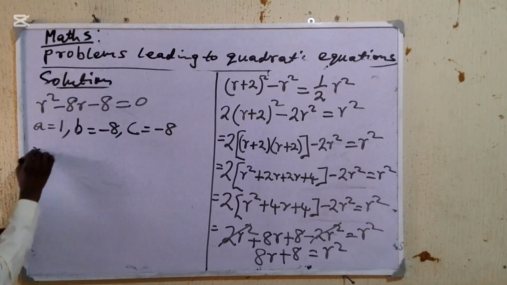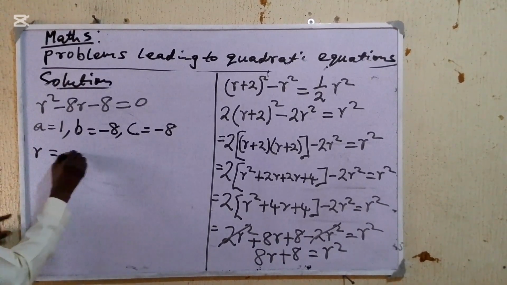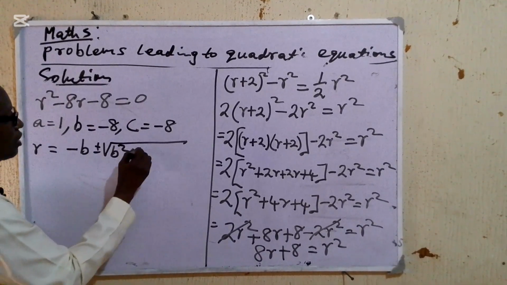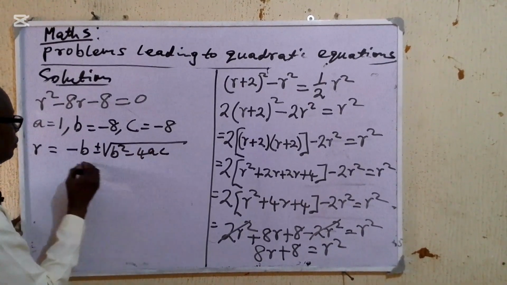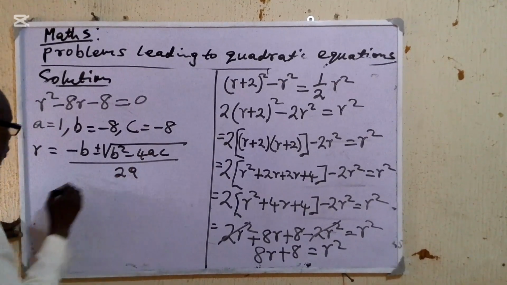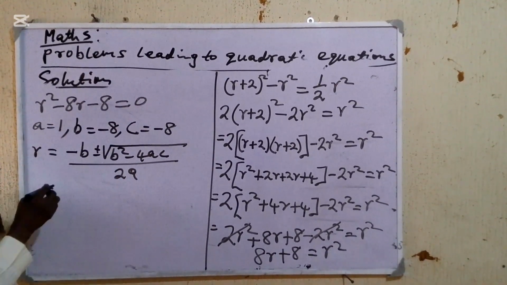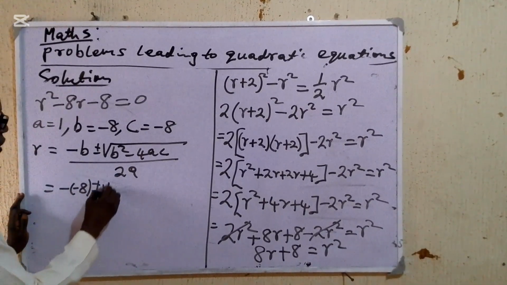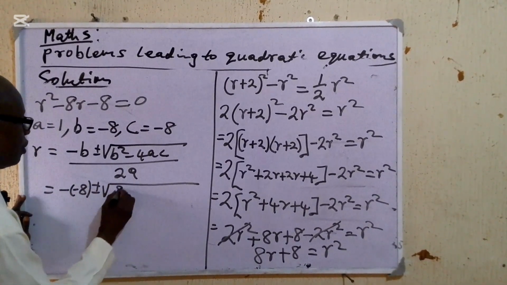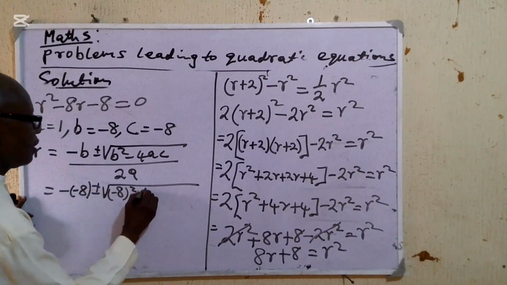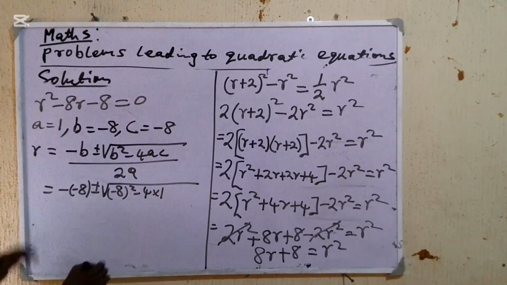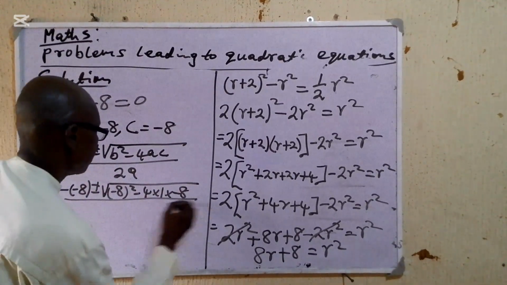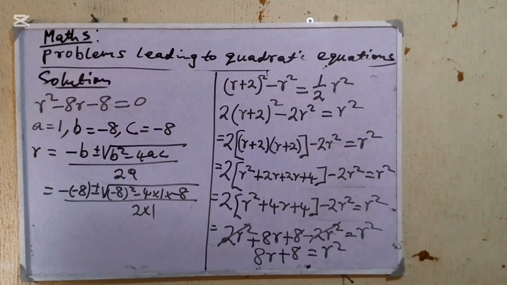In this case, r will be equal to minus b plus or minus square root of b squared minus 4ac, all over 2a, which is minus bracket minus 8, plus or minus square root of minus 8 squared minus 4 times 1, then times minus 8, everything over 2 times 1.